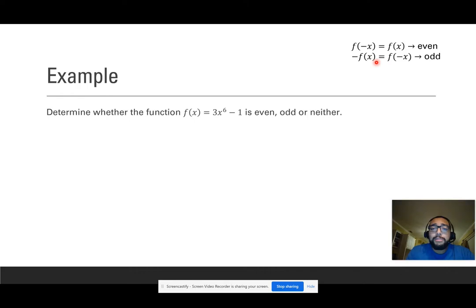So the test you'll see me do pretty much every single time is find out what f of negative x is. If f of negative x equals f of x, boom, we're done, it's even. If f of negative x doesn't equal f of x, that means it's not even, and there's a chance it's odd.